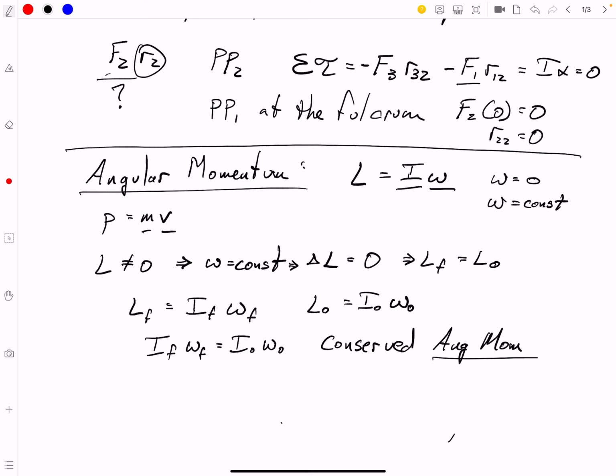So that needs to be alpha equals 0. So the net torque equals 0 in this case. And I'm going to continue to talk about angular momentum here for a little bit.